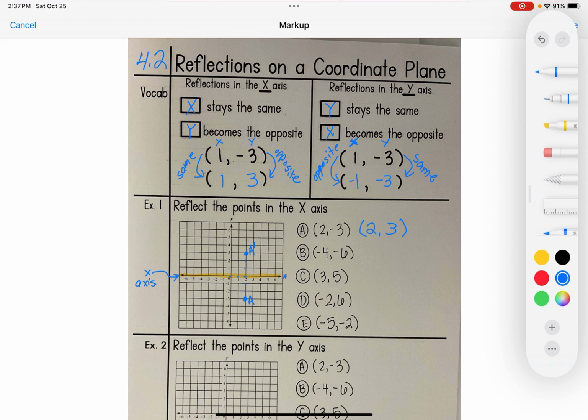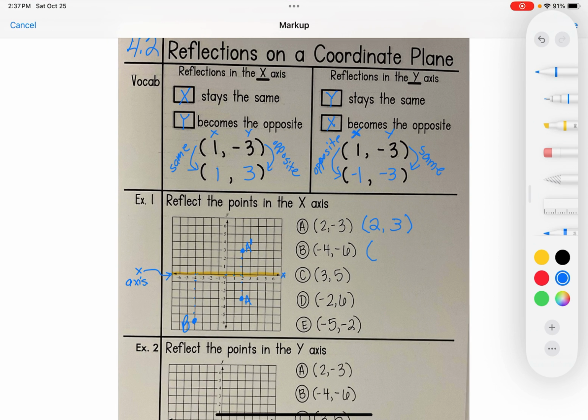B, -4, -6. 1, 2, 3, 4. I'm going to the left because it's negative, and now I'm going to go down 6 because it's negative. 1, 2, 3, 4, 5, 6, and that is B. Okay, so now I'm going to reflect up over the x, the yellow line.